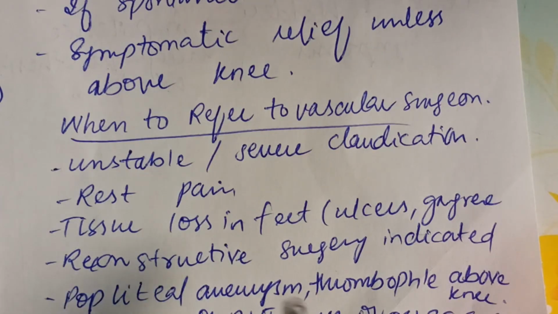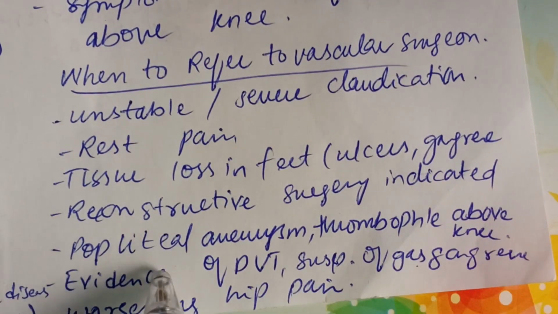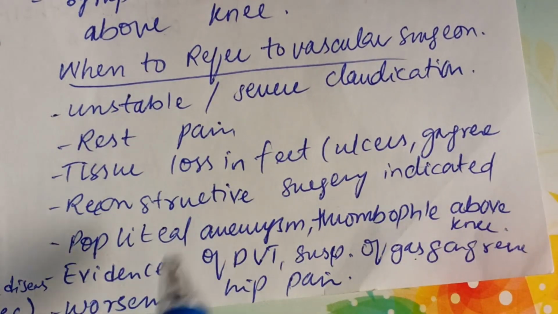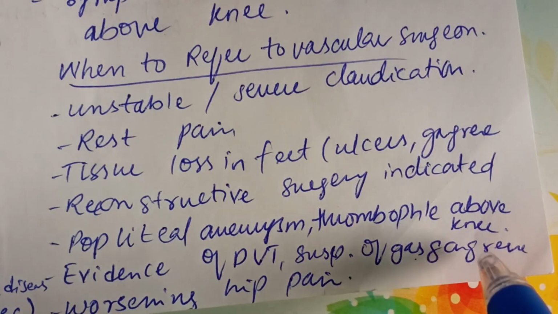Reconstructive surgery is indicated, like endarterectomy. Other referral points are if the patient has a popliteal aneurysm, thrombophlebitis above the knee, evidence of DVT, or the GP is suspecting gas gangrene.